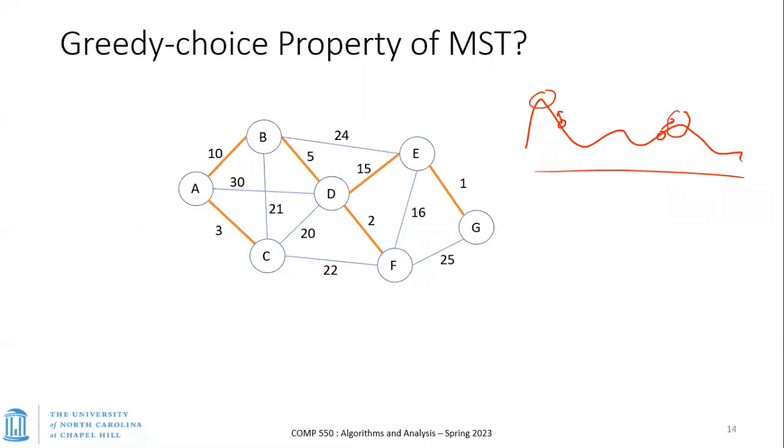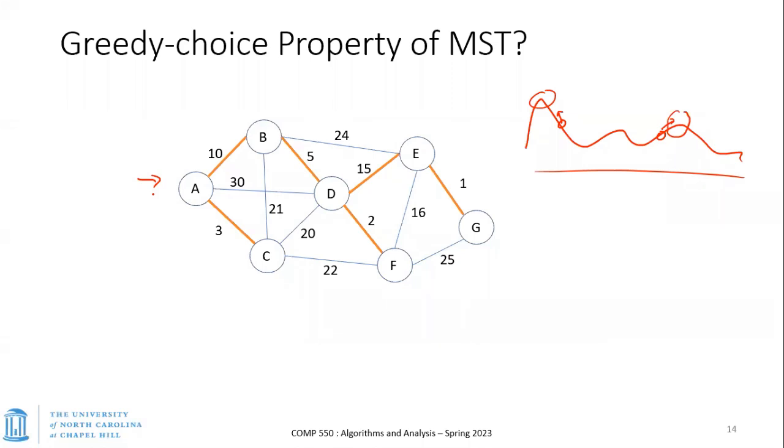Essentially we're trying to find some property which seems to be locally optimal, and that would hopefully also be a globally optimal solution. So if you're at a particular vertex, let's say A or C or B, what would be a locally optimal solution for a minimum spanning tree?